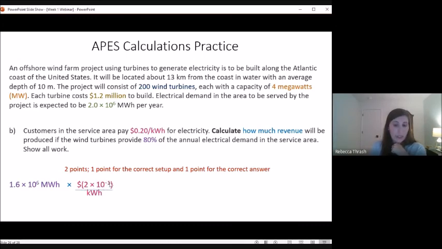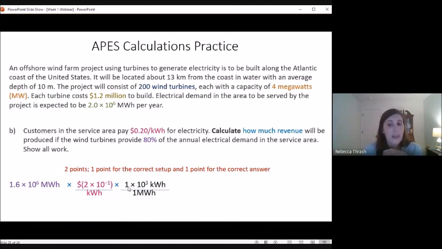So 2 times 10 to the negative 1 dollars per kilowatt hour. Now, these units here can't quite cancel out yet. I've got to convert kilowatt hours to megawatt hours so that they can cancel, and I can just be left with this revenue amount. So I do that by putting in this conversion factor.